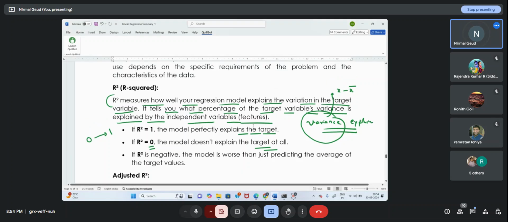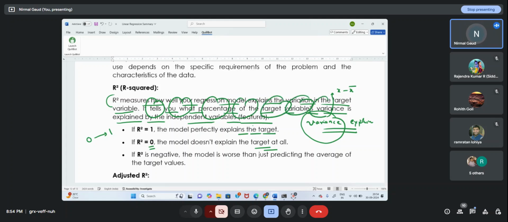It tells what percentage of the target variable variance is explained by the independent variables. Independent variables should be responsible for prediction of the target. I need to find the value of y. X, the features, are responsible for finding the value of y.